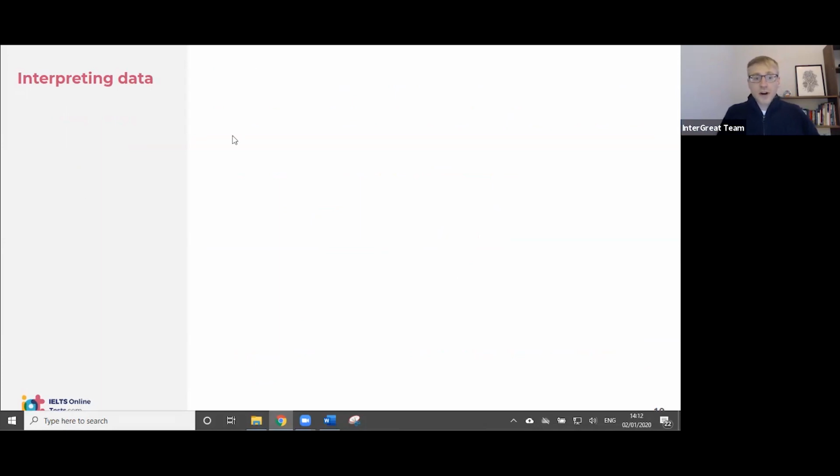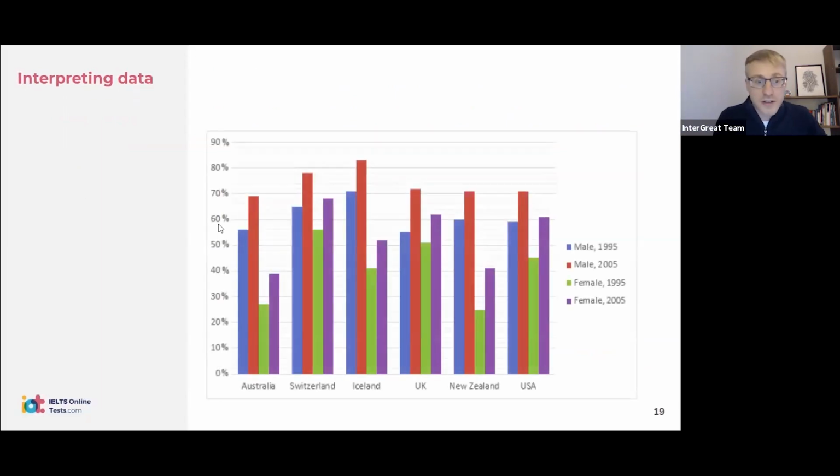So, guys, we're going to look now at the chart we're going to be focusing on for this lesson. Now, we said that we're going to look at complex charts. This is an example of a complex chart, right? You get simple line graphs which talk about a change over time, and then we're focusing more on changes.